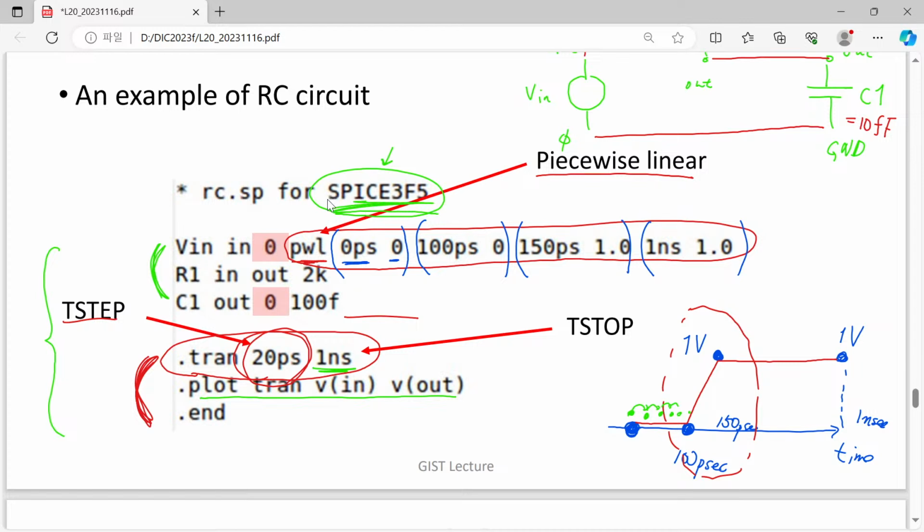I just installed it because it is freely available. Also, there are so many other wonderful SPICE variants which can recognize this kind of netlist capability. So it's really up to you, but anyway, please have one. Okay.